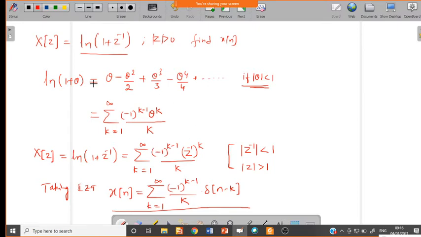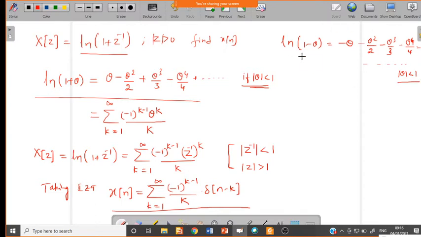And similarly, if you have ln of 1 minus theta, if some problems give 1 minus z, something like that, then you have to use this formula, that is minus theta, minus theta square by 2, minus theta cube by 3, minus theta power 4 by 4. Like this we have to go on. Theta should be less than 1.